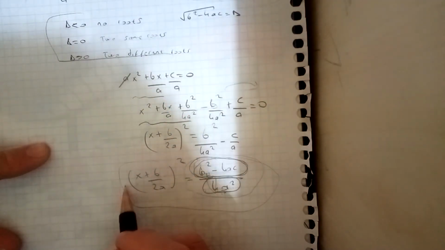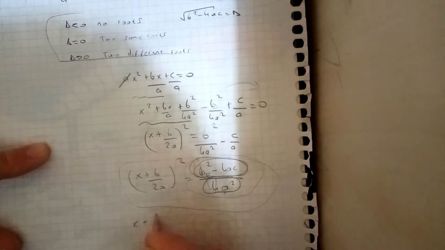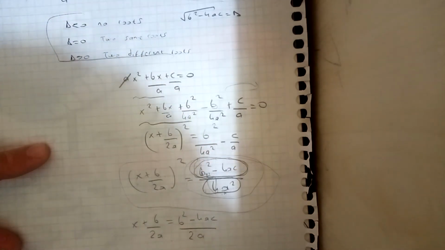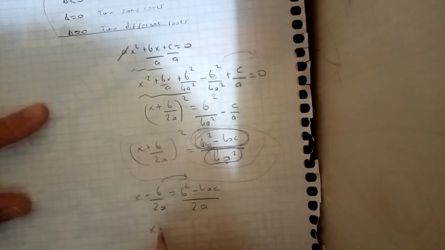Take the square root of both sides. You are gonna obtain x plus b over 2 times a equals the square root of b square minus 4ac over 2 times a. And pass this term to the other side. We are gonna leave x alone, and we are gonna obtain b square.